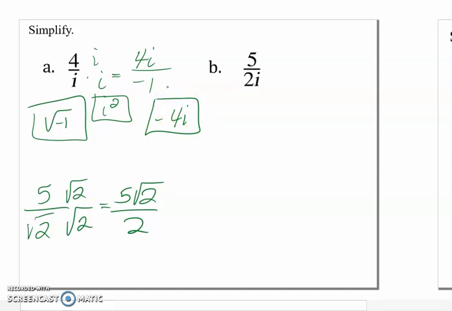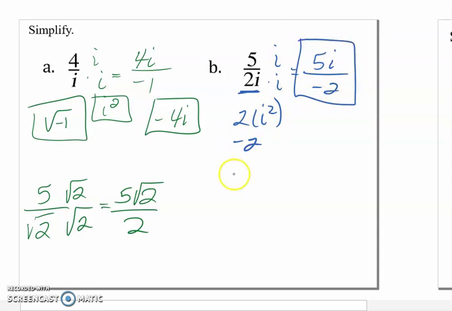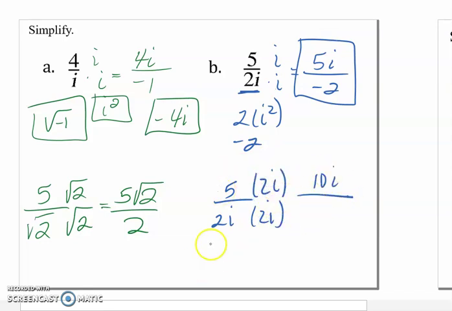So if you just simplify, get 5 over. Now, if you multiply, you would then get 10i on top and 4i squared, which is -4.